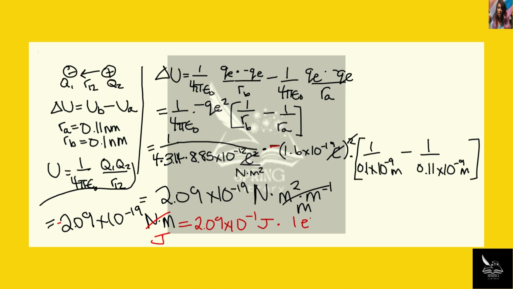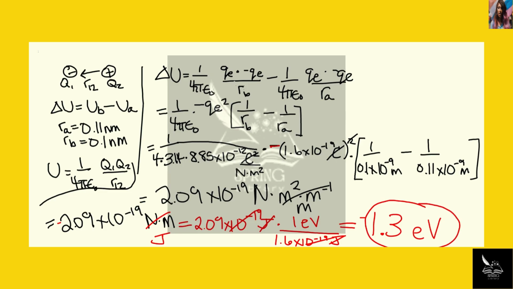So we know 1 electron volt is equal to 1.6 times 10 to the minus 19 joules. Cancel out our joules, and these also get canceled out, 10 to the minus 19. So it's just 2.09 divided by 1.6, which gives us a minus 1.3 electron volts. The question's asking us for how much energy is lost, so we really just need the value, which is 1.3 electron volts.